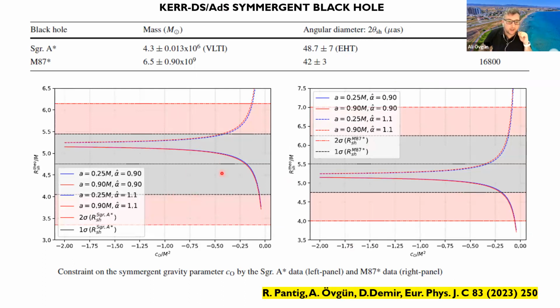And for M87, you can see that they are in the 1 sigma region, where the range in C0 is more extensive in M87 than Sagittarius A. We also observe that a less negative C0 introduces more sensitivity to deviation than a more negative C0. That's why we take the C0s here mostly as negative values.